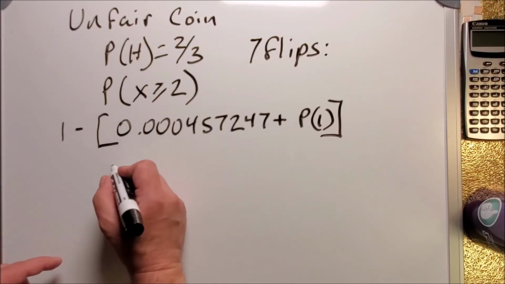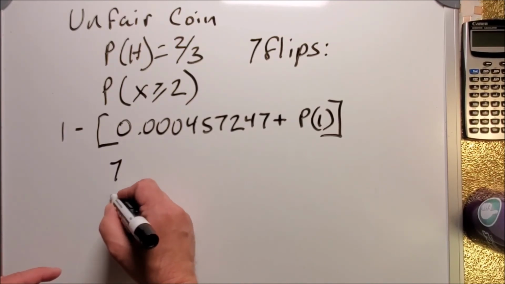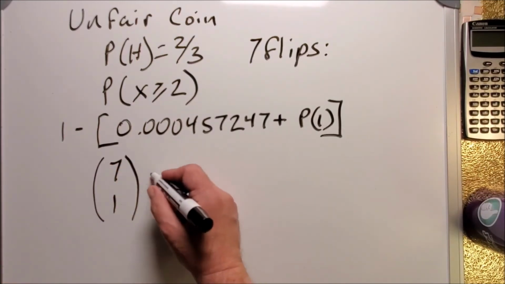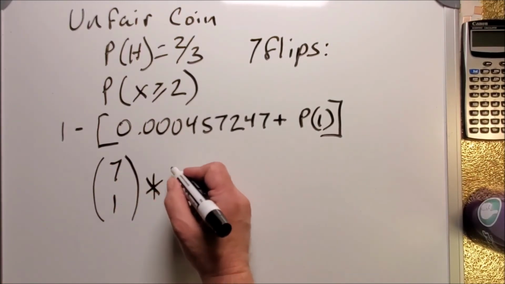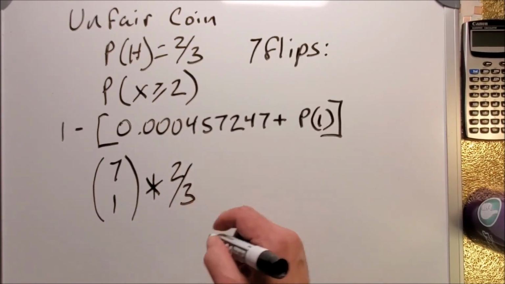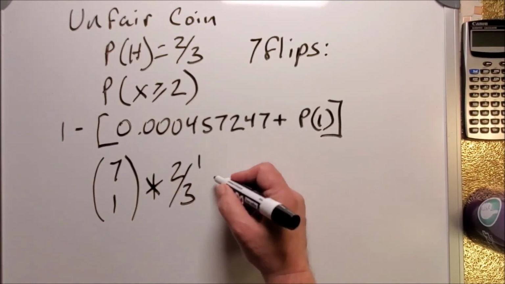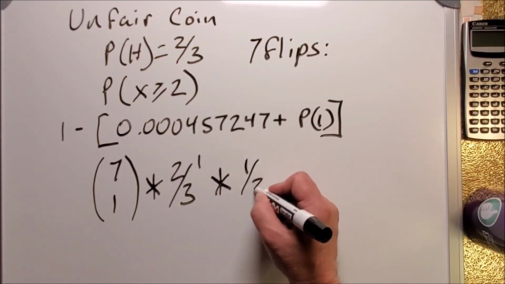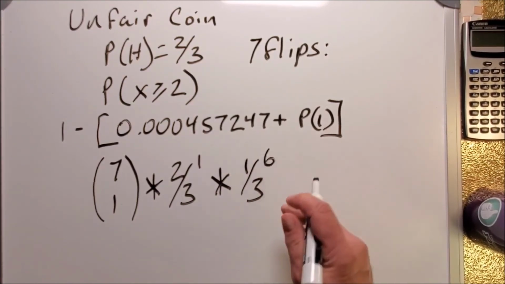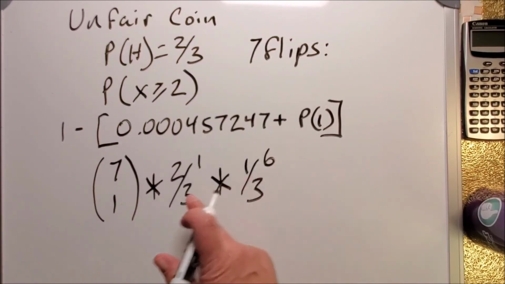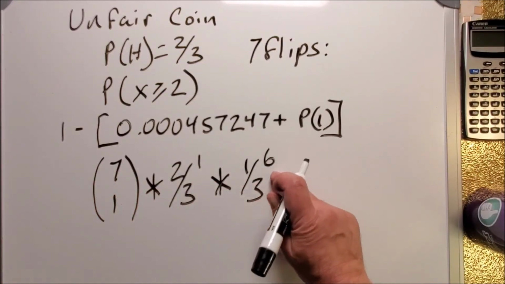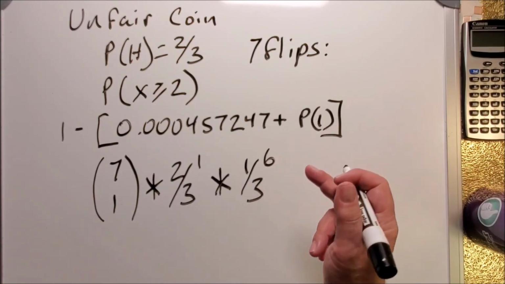So we have 7 trials now and 1 success that we're calculating. 7 choose 1 times the probability of success to the power of the number of successes we have. We're going to multiply that by the probability of failure to the power of the number of failures. If we have 1 success in 7 trials, that means the remaining trials, 6, are failures.